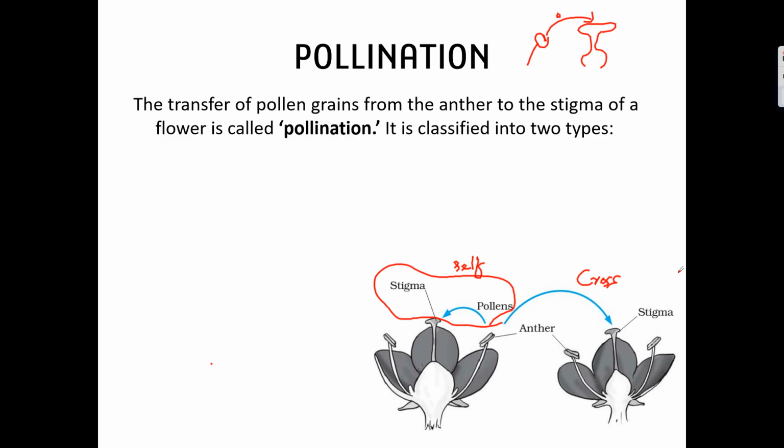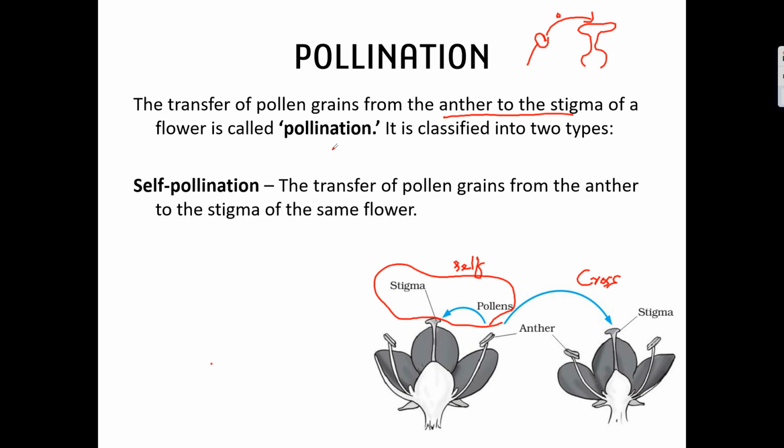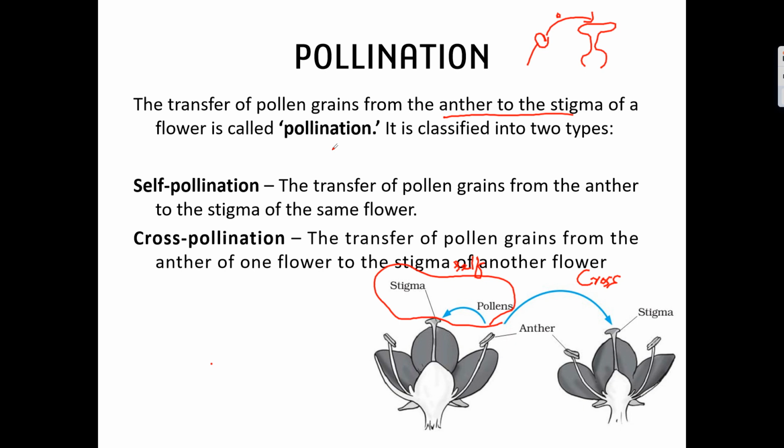So let us look at what is there on the slides. The transfer of pollen grains from anther to the stigma of a flower is called pollination. It is classified into two types: self-pollination, that is the transfer of pollen grains from the anther to the stigma of the same flower, and cross-pollination, the transfer of pollen grains from the anther of one flower to the stigma of another flower.